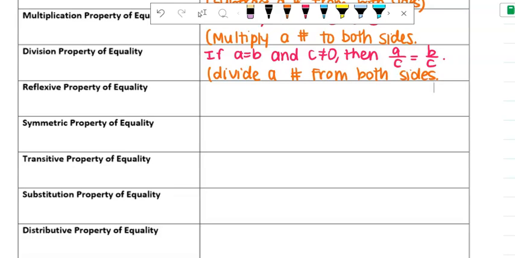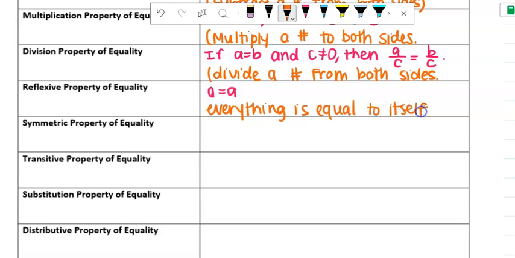The next few are going to come up when we have more geometric proofs. So the reflexive property is the fact that everything equals itself. So A equals A, B equals B, 7 equals 7. Everything equals itself. Symmetric property.